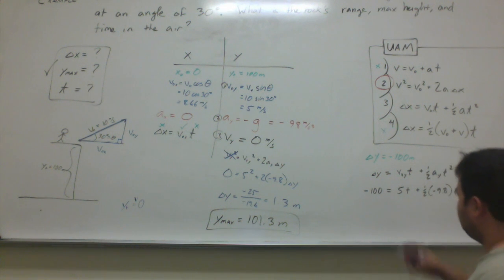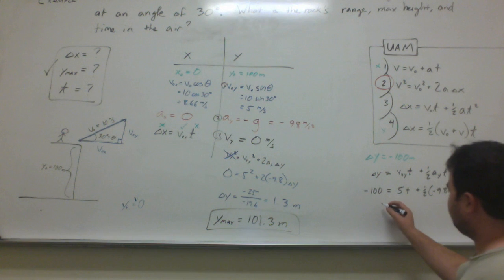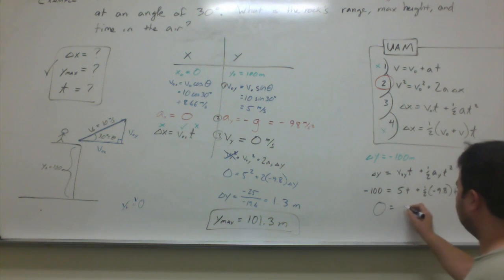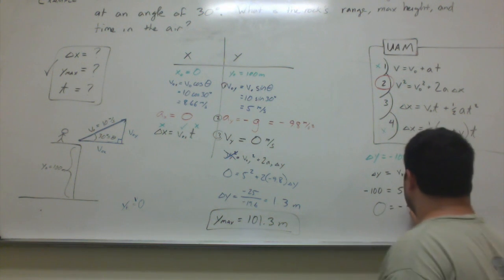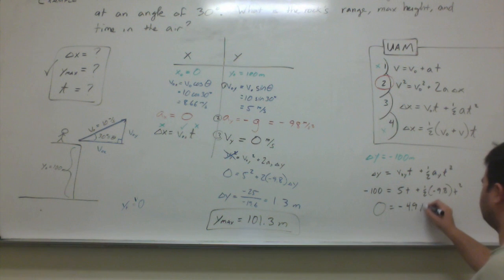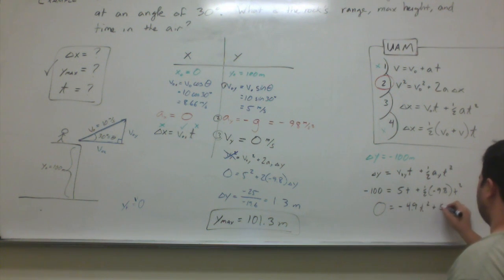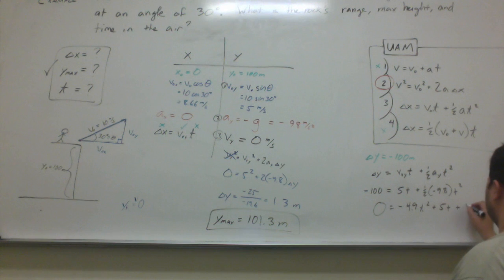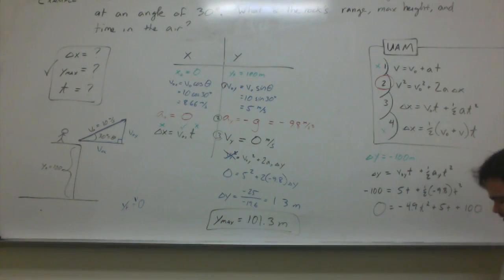If you bring this 100 over, and I'm going to rearrange it a little bit, notice we are actually going to have to use the quadratic formula for this problem. You can tell mainly because we have this square, and we have the form a t squared plus bt plus c equals 0.